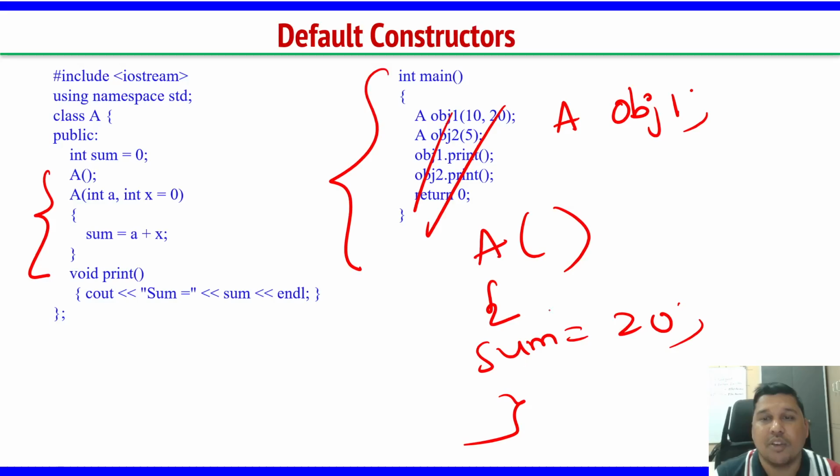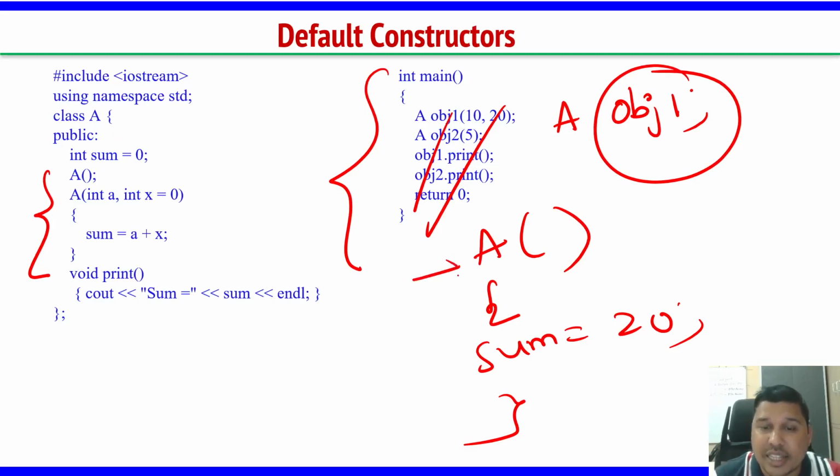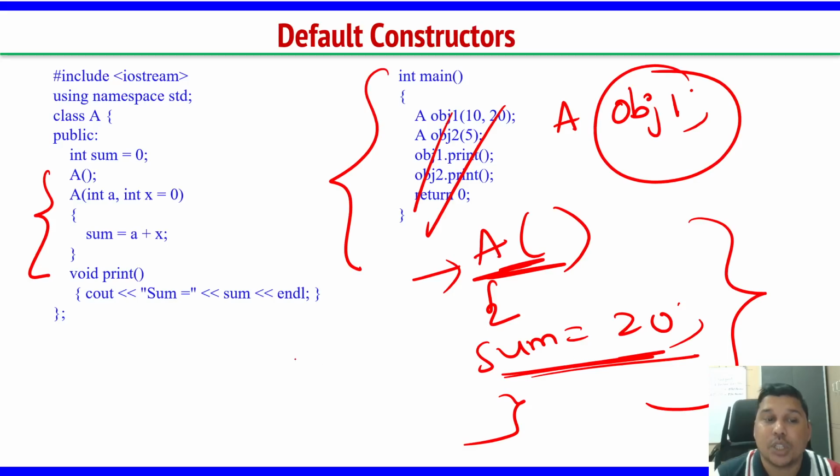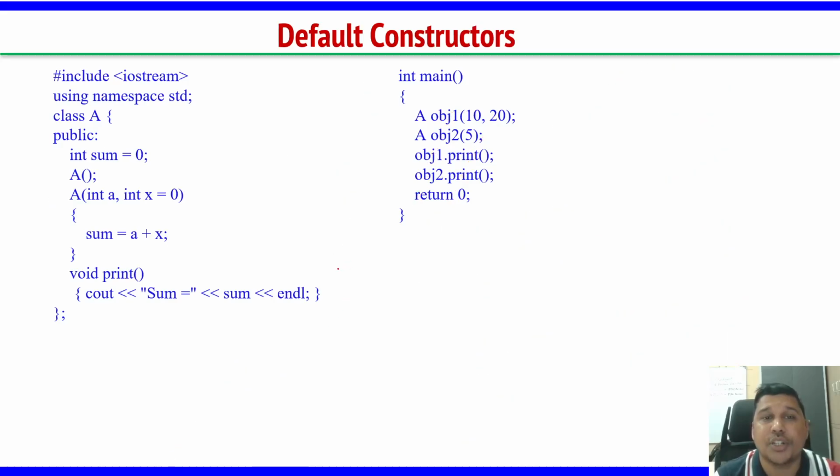As soon as you create object obj1, this block is executed. After execution, it makes sum equal to 20. So the variable sum becomes 20 now. This is just a demonstration of how a default constructor can be used.